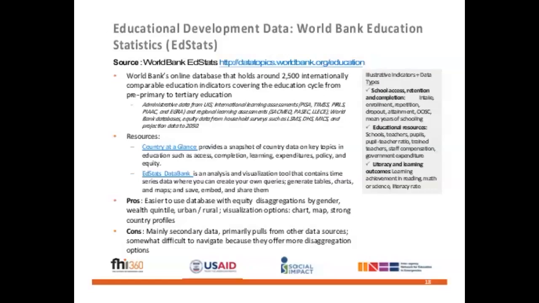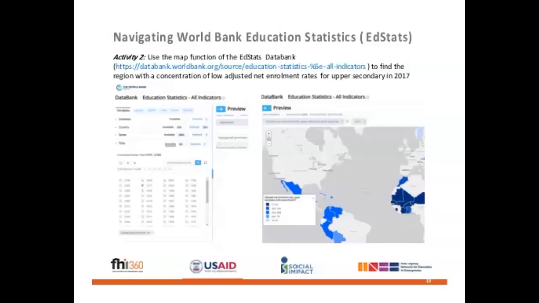So now I'm going to give you all the opportunity to interact with the data bank. I did notice that this platform can be a little bit slow, so if it takes too long, then we can just move on to the next activity. But here's the link.